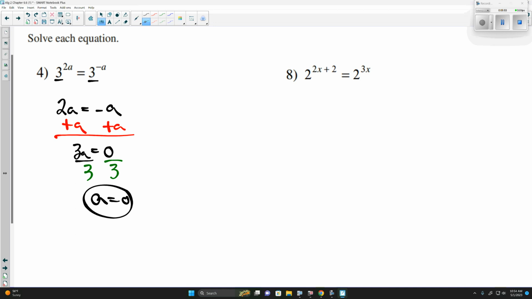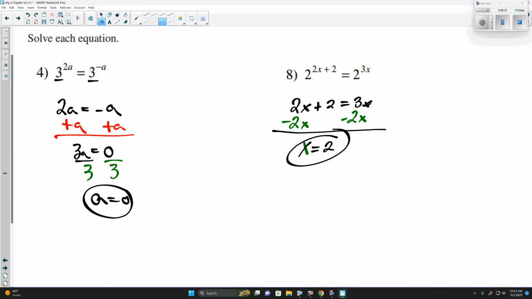So again, because the bases are the same, the exponents have to be also. So we're saying that 2x plus 2 is equal to 3x. At this point here, we can get x by itself, so we would subtract 2x from both sides, telling us x is equal to 2.